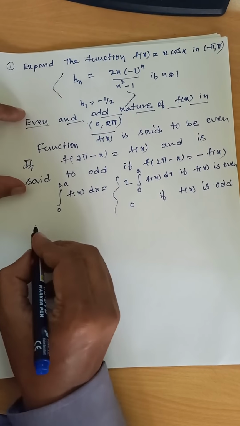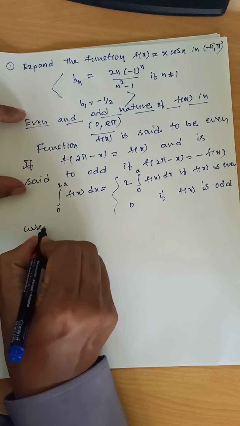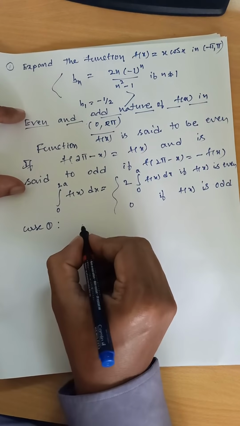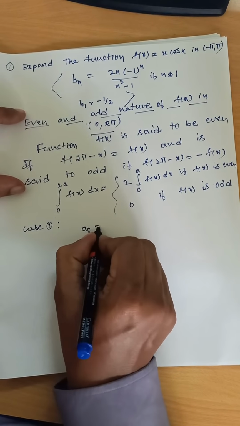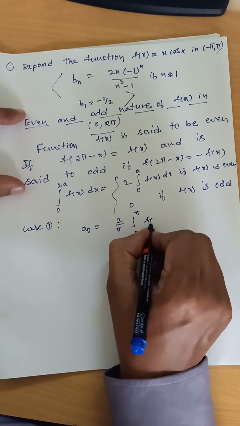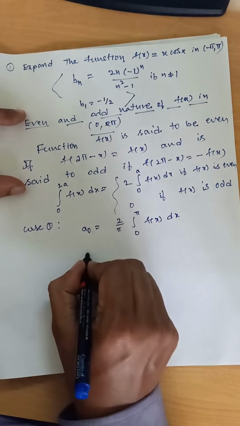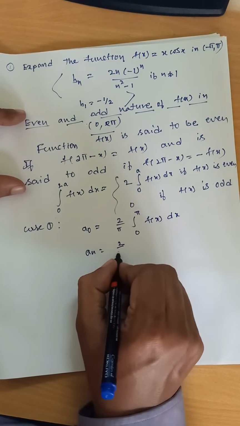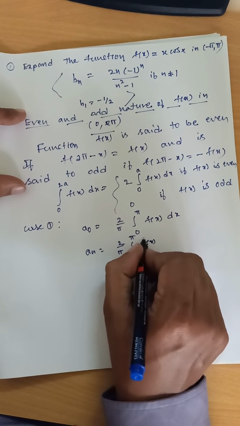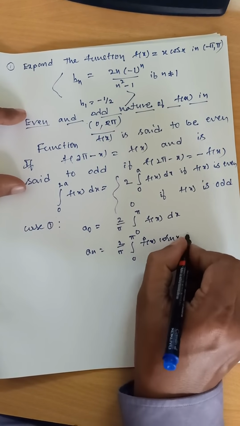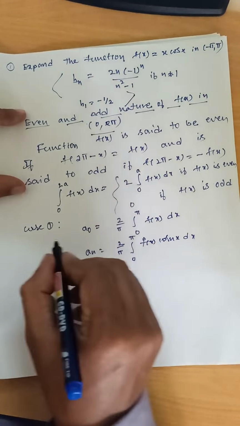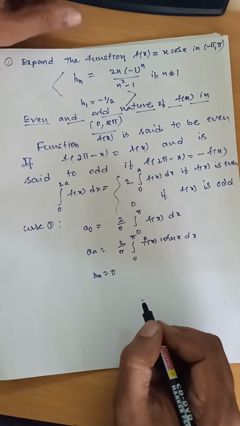That means, case 1: a naught is 2 by pi integral 0 to pi f of x dx, an is 2 by pi integral 0 to pi f of x into cos nx dx. Obviously bn is 0 when the given function f of x is even.